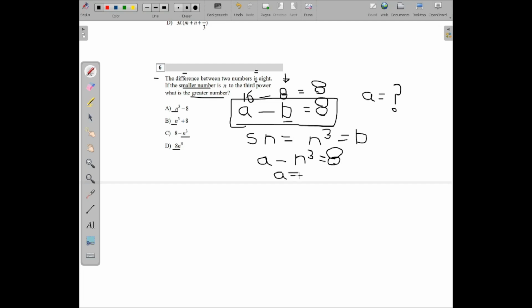A equals 8 plus n to the third power, since subtracting it goes to the other side of the equation as an addition, which looks like answer B. If we organize this answer, n to the power of 3 plus 8.